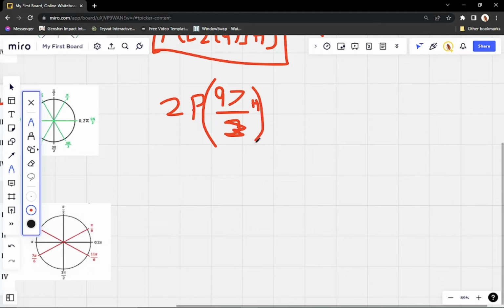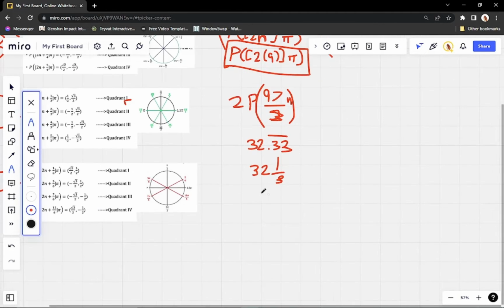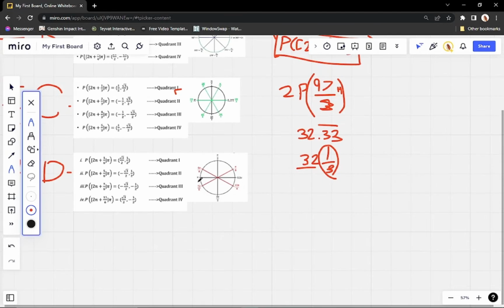So 97 divided by 3 will equal 32.33, which is approximately equivalent to 32 and 1/3. And since it is an even number and it has the fraction of 1/3, that means it belongs to quadrant 1.